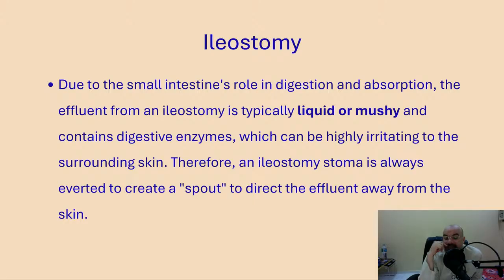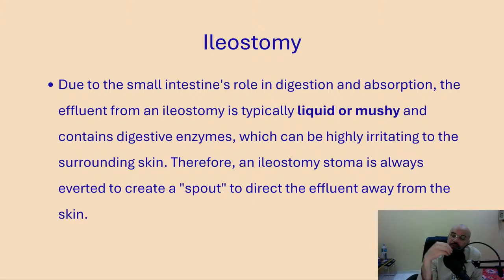In this case, when the effluent comes from the ileostomy, it will be much more liquid and mushy. You can say, in quotation marks, unprocessed or not well-processed food, because there are still a lot of enzymes in it, and it will have much more nutrients still. The body will not get the chance to absorb it.